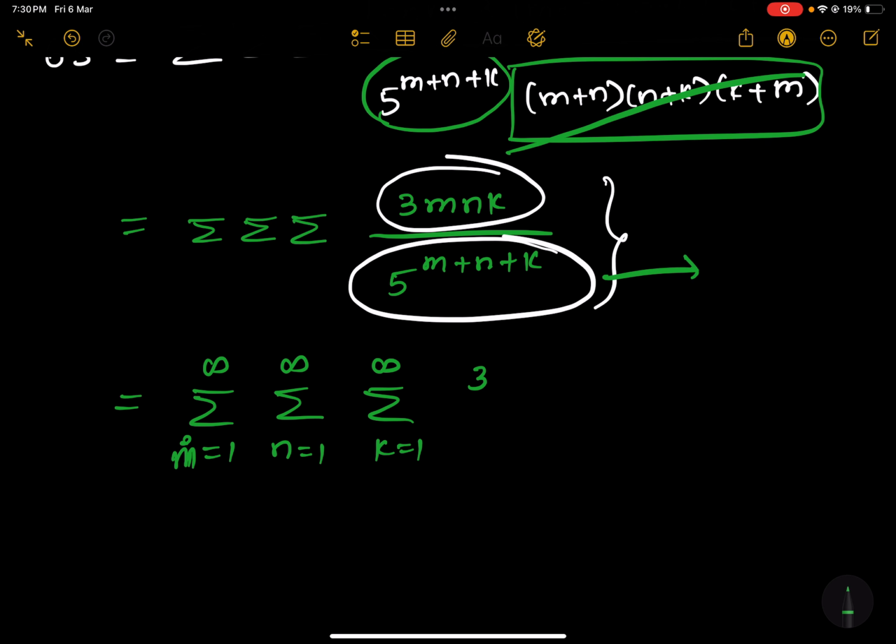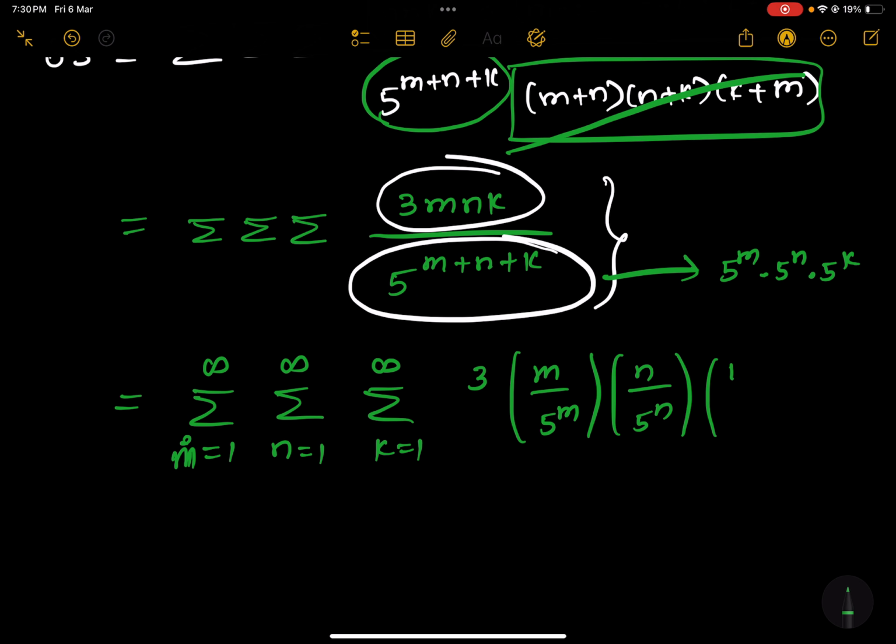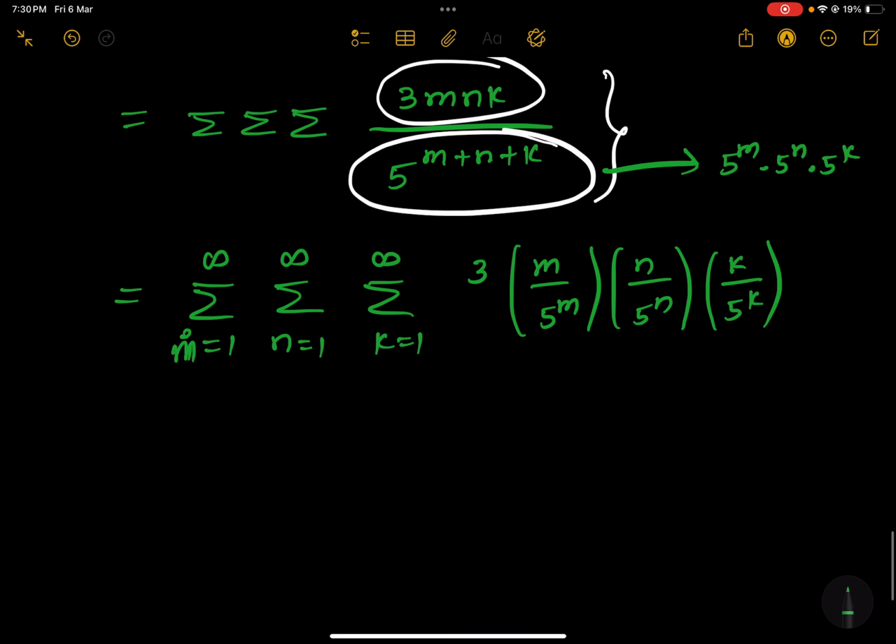This 5 power m plus n plus k can be written as 5 power m multiplied by 5 power n multiplied by 5 to the power k. So I'll write these terms as m upon 5 power m multiplied by n upon 5 power n multiplied by k upon 5 to the power k. So this is what we have.